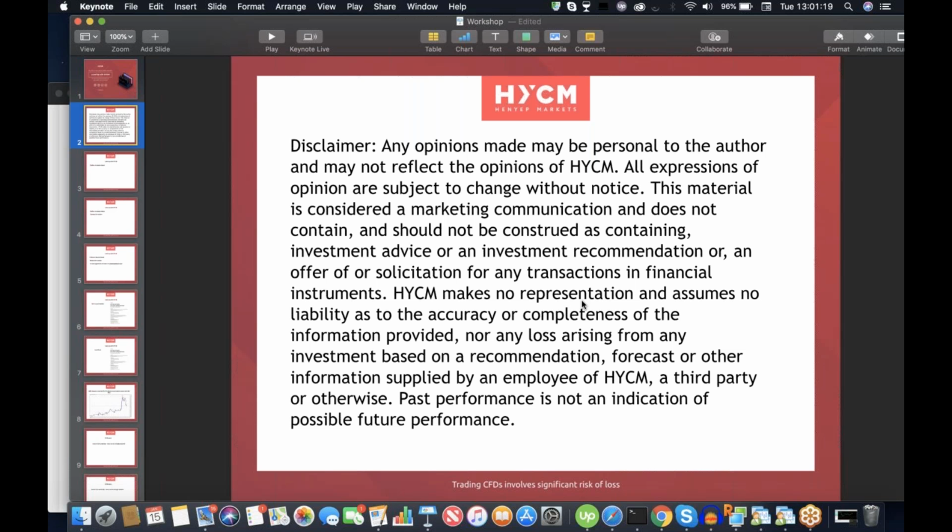I trade for a hedge fund, ASAC, and what I'm trying to show through this workshop is the decision-making process that I make, so that you can see the decision-making process that you need to make. In that way, you can make informed decisions, and this whole workshop is all about giving you that education.